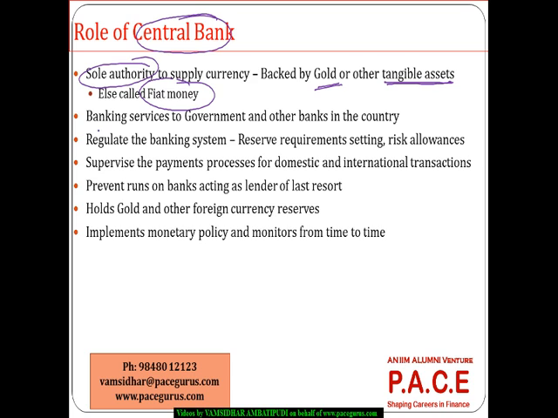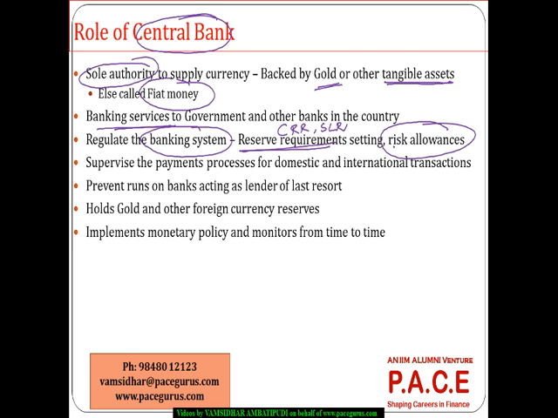They play an important role in providing banking services to the government as well as to the other banks. They regulate the banking system. They decide what should be the reserve requirement, what is the CRR, what is the statutory liquidity ratio. They decide the reserve requirements.